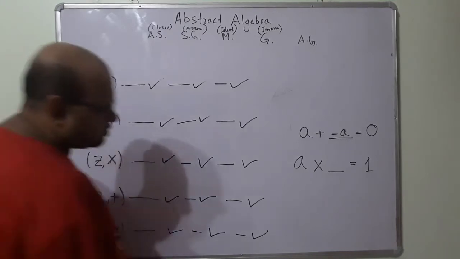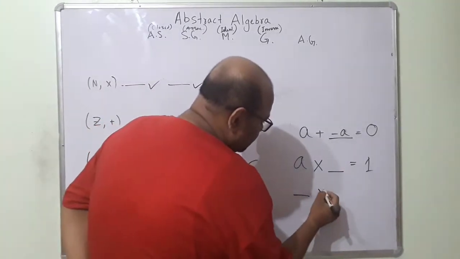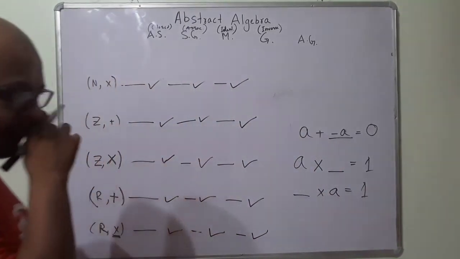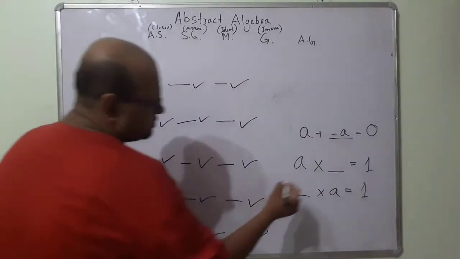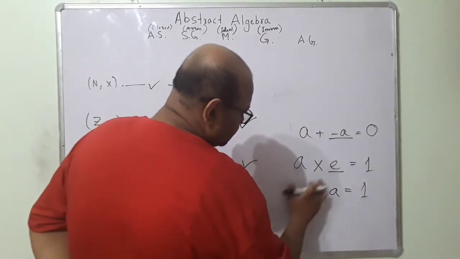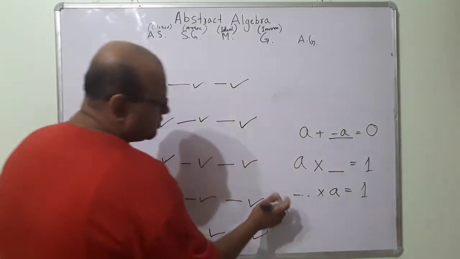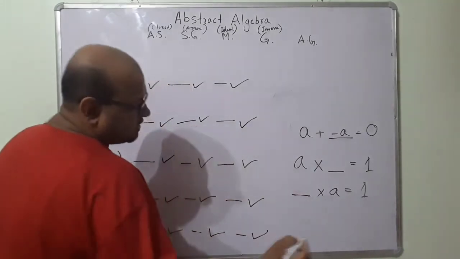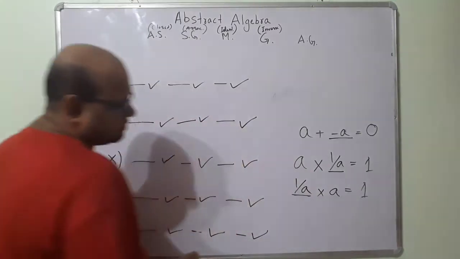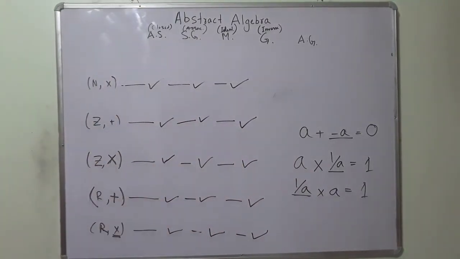I can see it is 1 by a. Correct? So here is the question.